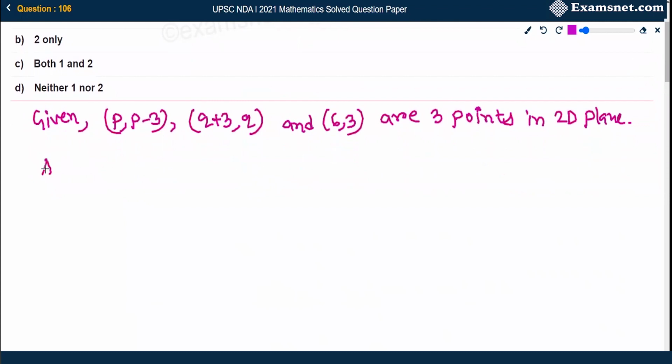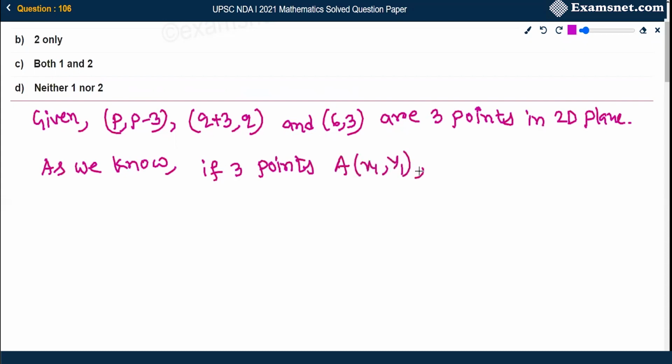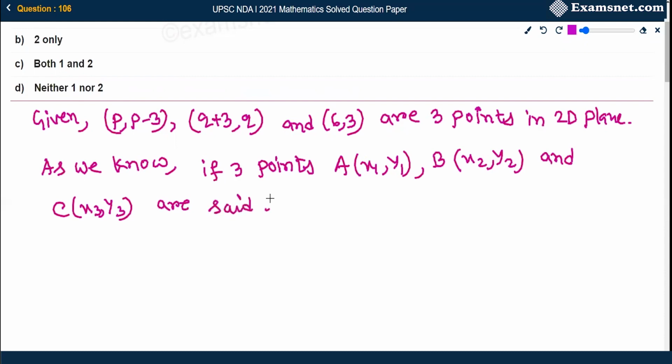As we know, if 3 points, let's say A (x1, y1), B (x2, y2), and C (x3, y3), are on the same line, they are said to be collinear if the area of the triangle ABC is 0.